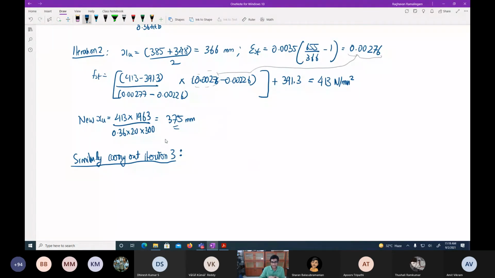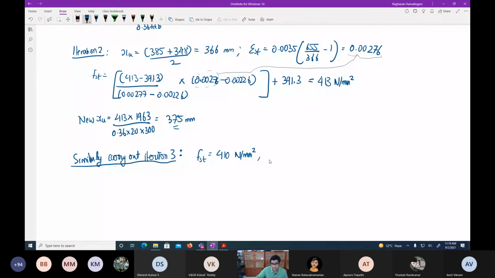Let's assume that XU comes something like 370 mm, and let's say you get FST equals, I'm just assuming it because I don't want to do the whole iteration and waste your time. So let me assume that FST comes 410, maybe, I don't know, you can check it out later.